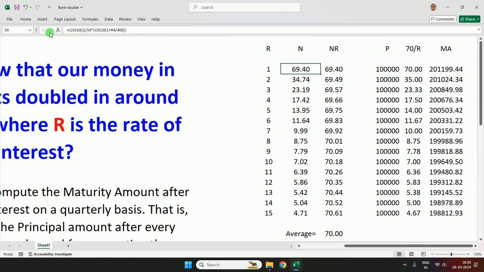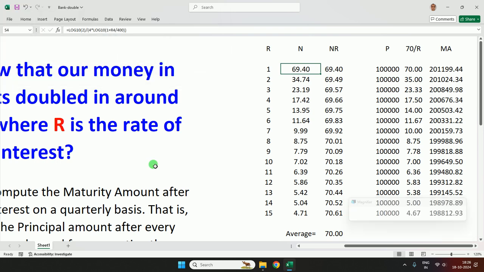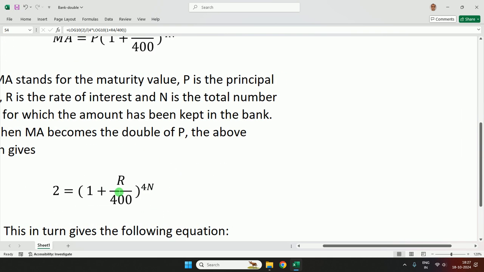You see the formula here. I can magnify it a little bit. So, you see the formula here, log 2 divided by 4 times log of 1 plus rate of interest divided by 400. So, exactly this formula has been used here.